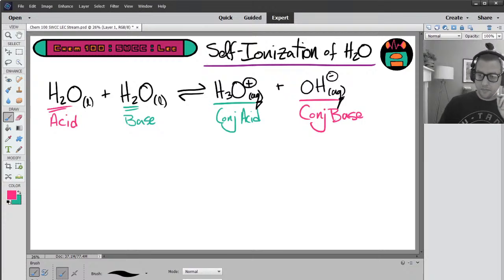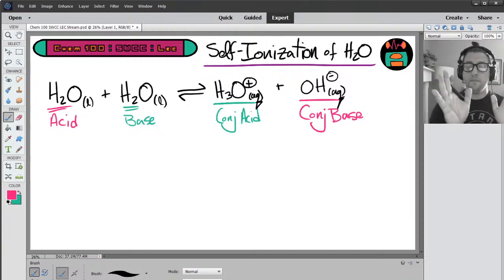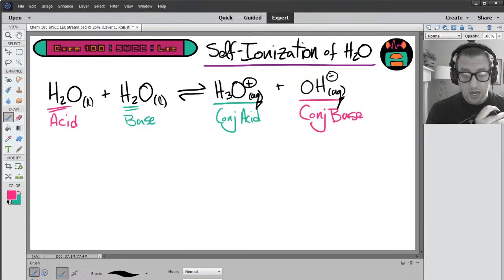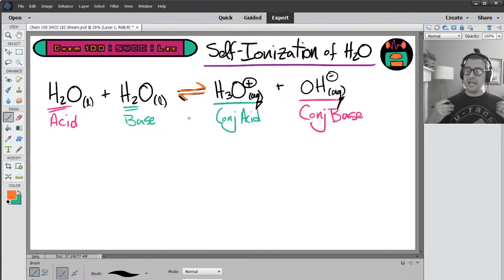Now, as you'll notice, this reaction is an equilibrium. There is a forward reaction and a reverse reaction, and as we learned last lecture, for any equilibrium, you can write an equilibrium constant.